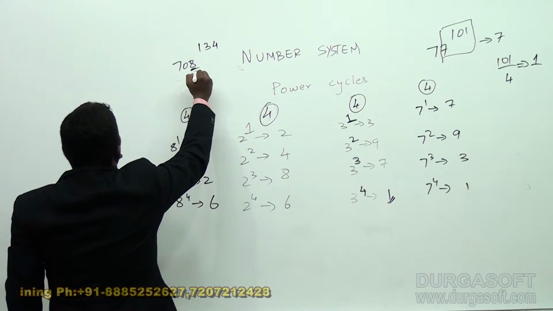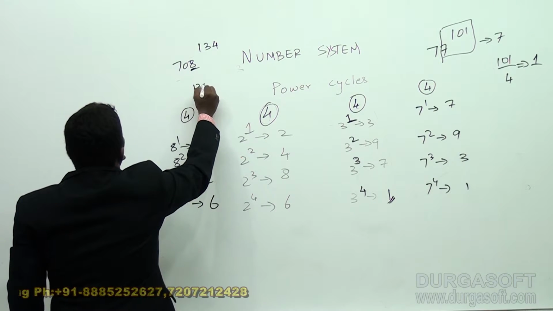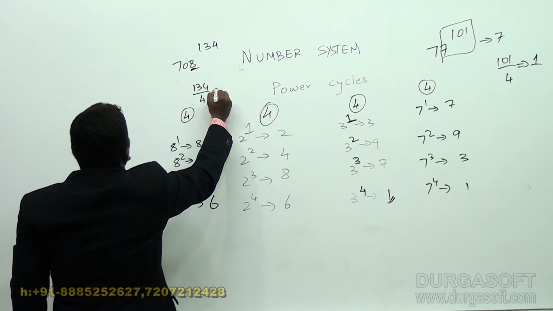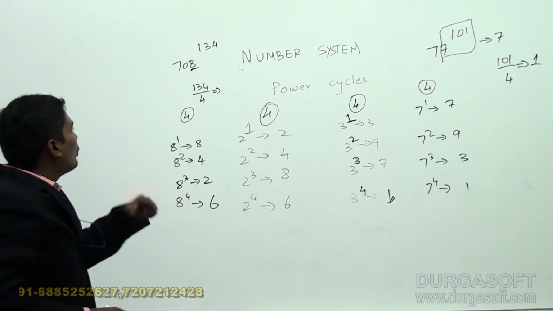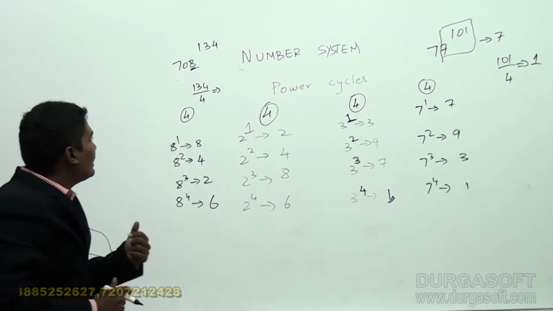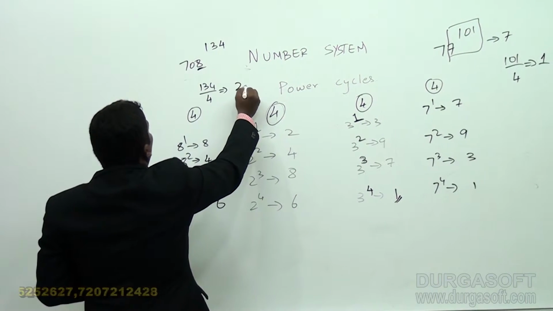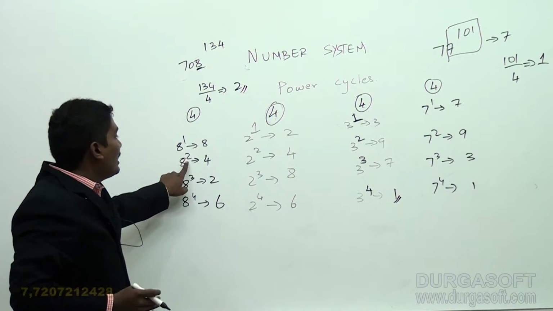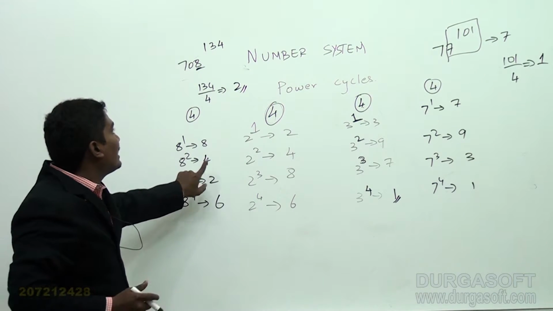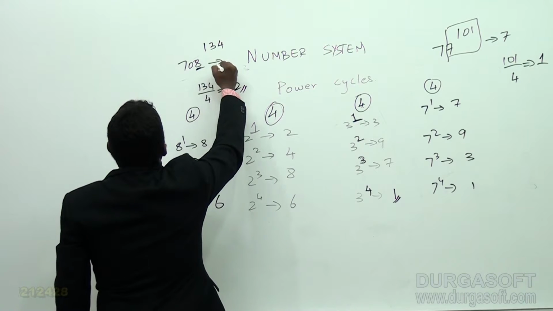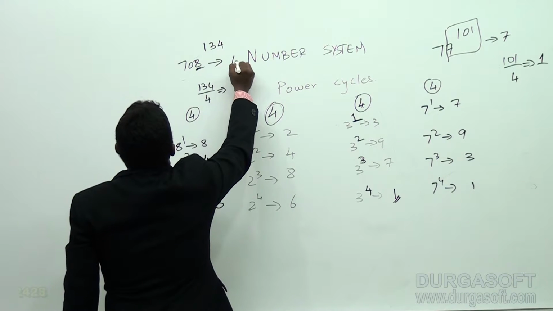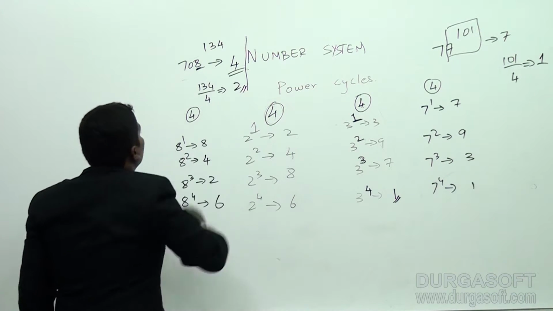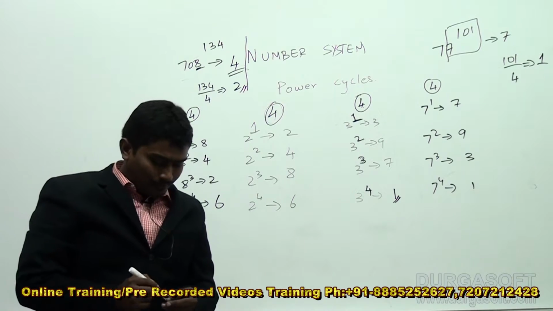So I will take the power alone, 134, and divide it by 4. 4 33s are 132. I will get 2 as the remainder. Once I get 2 as the remainder, I look here in this table. 8 square, 4 is the last digit, which means the unit digit of 708 to the power 134 is 4. So that will be the answer.